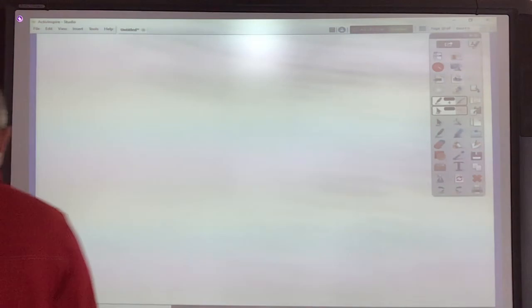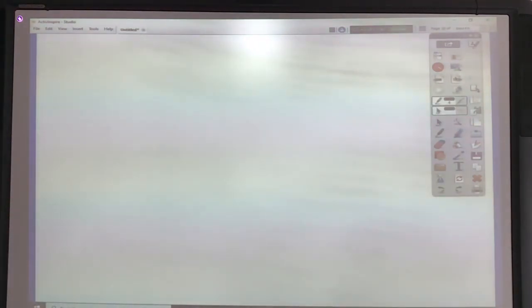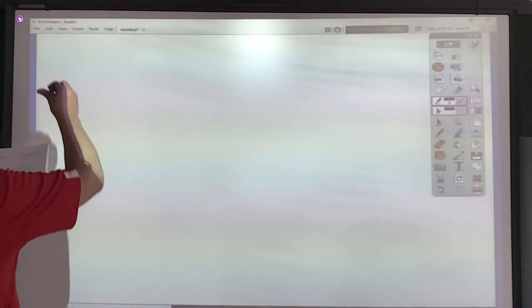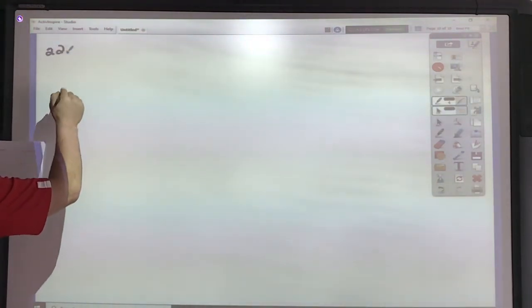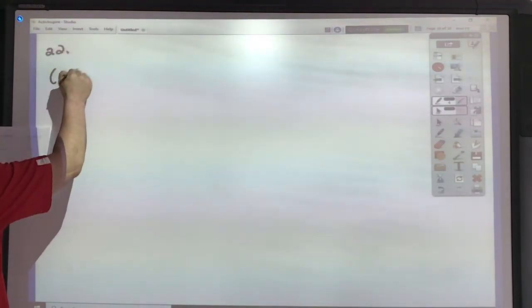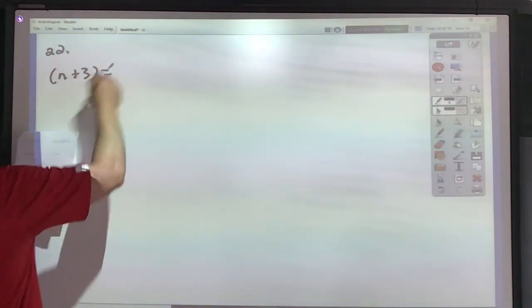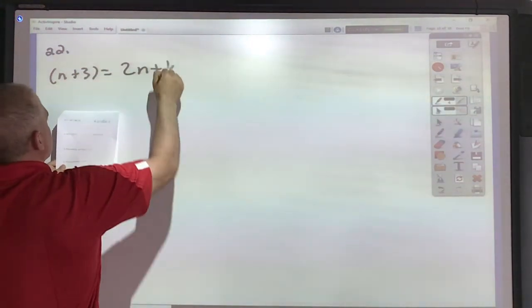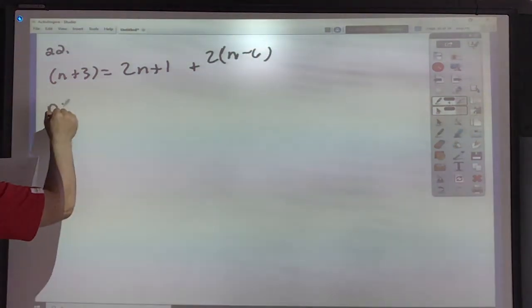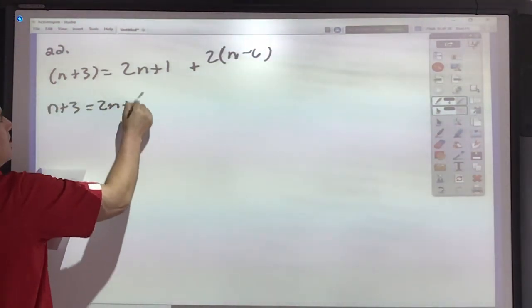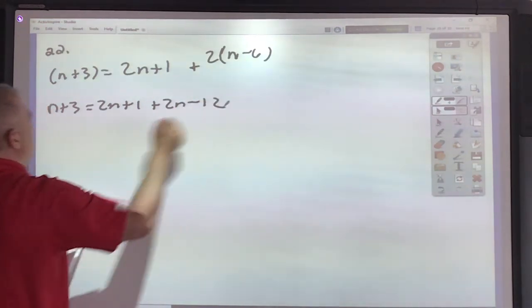Okay, in the interest of time in the video, actually, you know what, I'll do 22 real quick. 22, what I would do is this top part's gonna get multiplied by n plus 3. This is gonna stay what it is. This is gonna get multiplied by n minus 6. So I got n plus 3 equals 2n plus 1 plus 2n minus 12, okay?